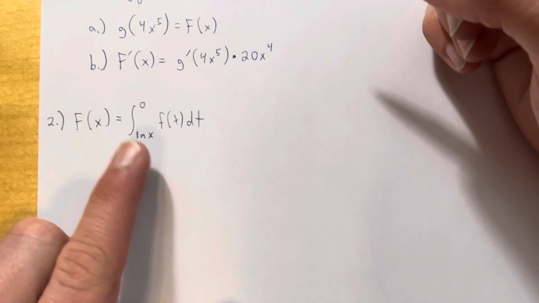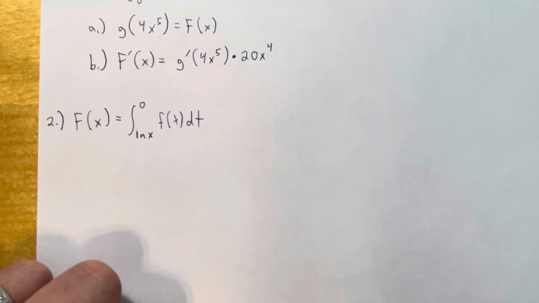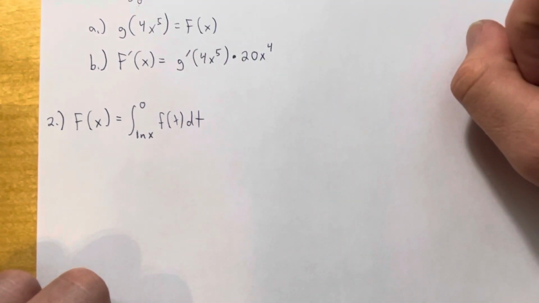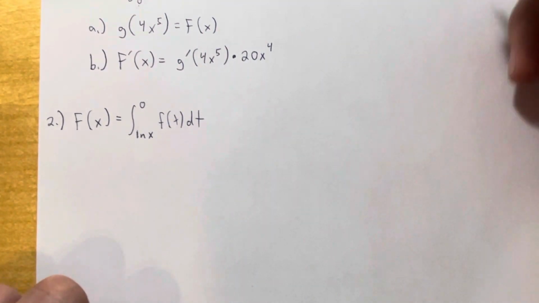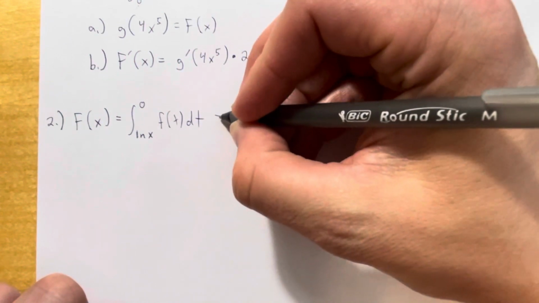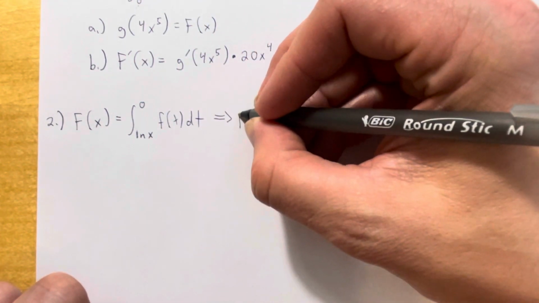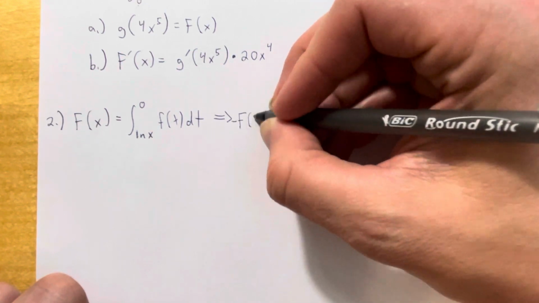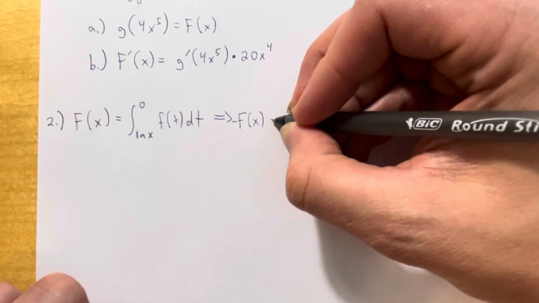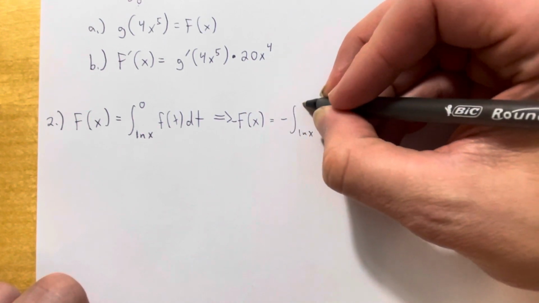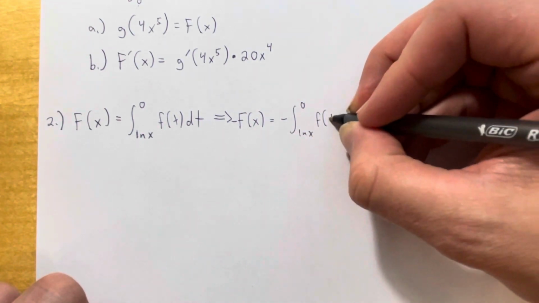So the way that we handle this is we use an integral property that allows us to switch these limits of integration as long as we multiply this by a negative. So if this is the case, then if I took negative f of x, that would equal the negative of this integral.